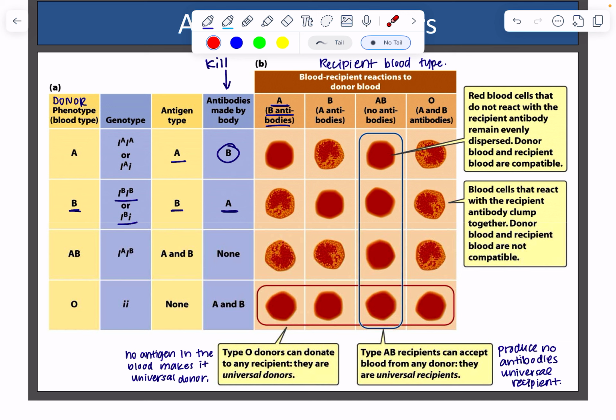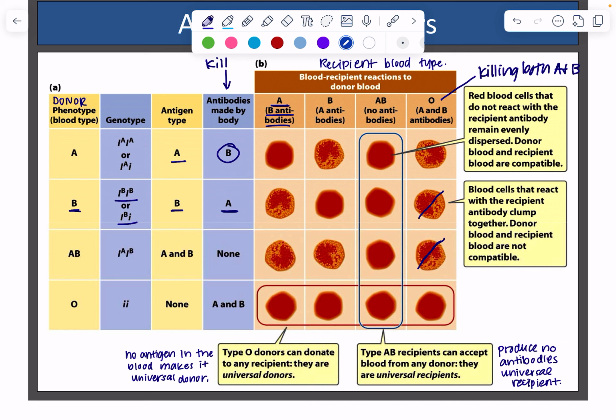So in O blood, you have A and B antibodies. So if you have O blood, your body is killing both A and B. So you can only give O-type blood to O-type people because it'll kill off anything that has A or B in it.